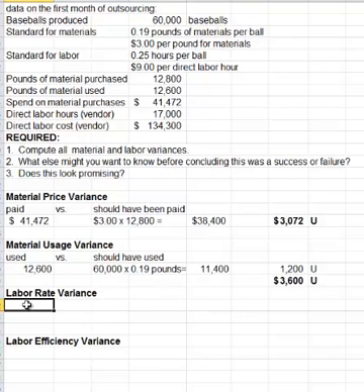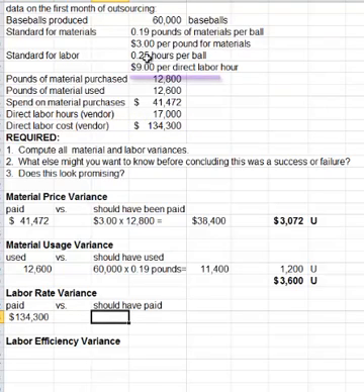Okay, let's try the labor rate. So we're going to compare, similar to the material price, what we paid versus what we should have paid. And let's see, what did we pay? Direct labor cost was $134,300. And what should we have paid? Well, we should have paid $9 for every direct labor hour. How many direct labor hours were there? 17,000.